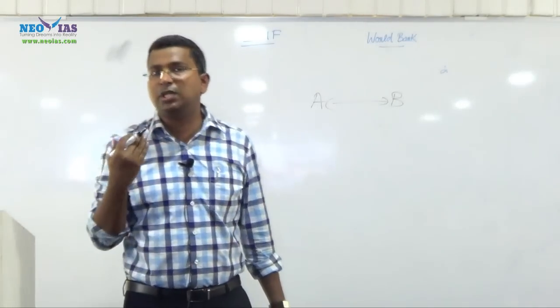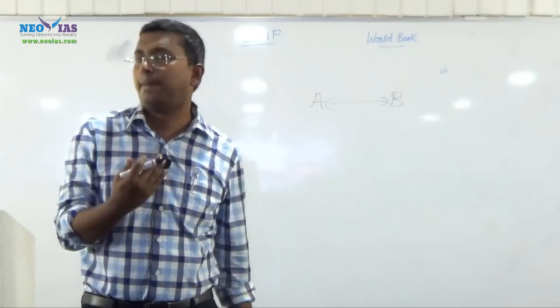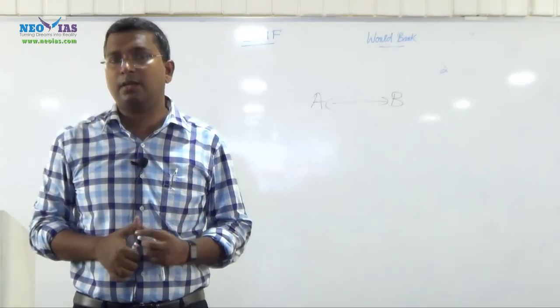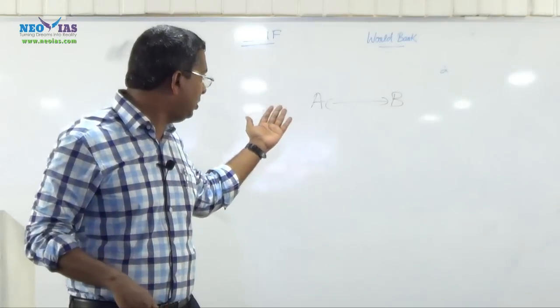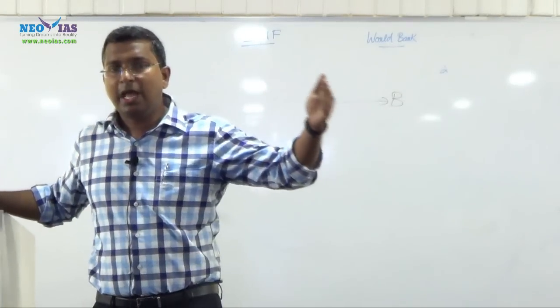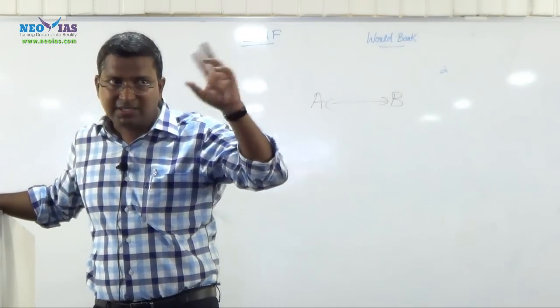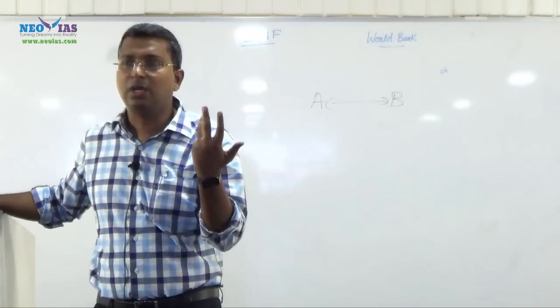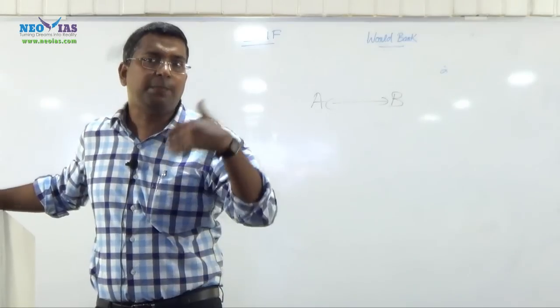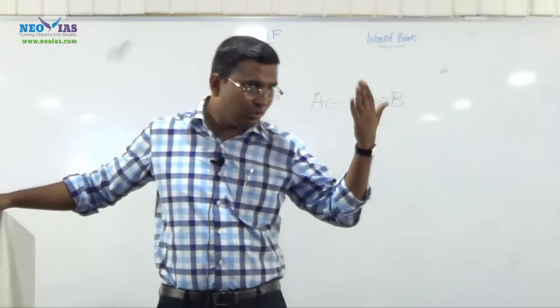Trade is happening between these two countries. A will be an exporter, B will be an importer, and once a commodity or service is exported and the other country imports it, it needs to make payment. Yes or no? It needs to make payment.